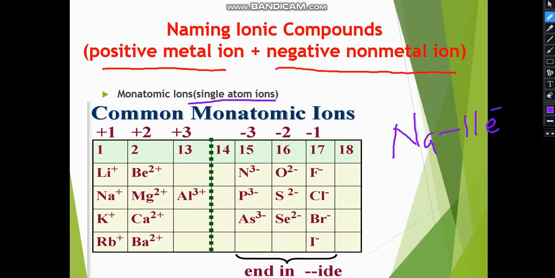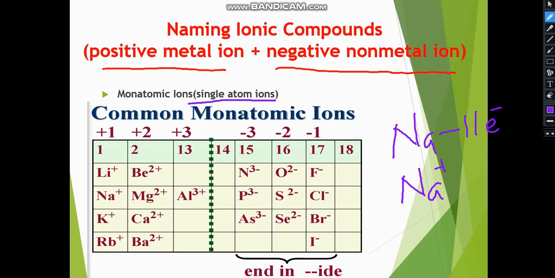If it loses one electron, it becomes sodium with a positive charge. So this sodium becomes a positive metal ion. It is a monoatomic ion of sodium.